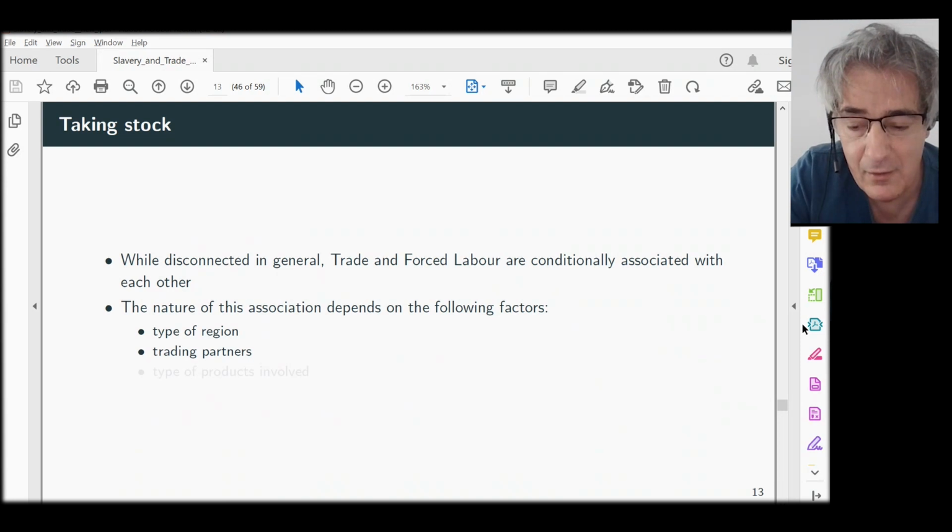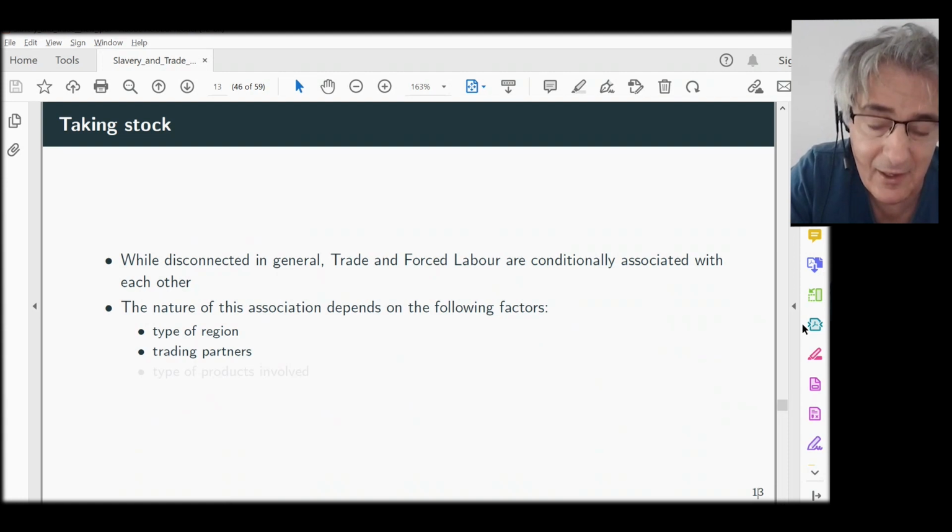So it's not the same trading with a country that doesn't show a lot of care or concern about the use of forced labor, as with countries whose societies are asking them to fight this in other countries.